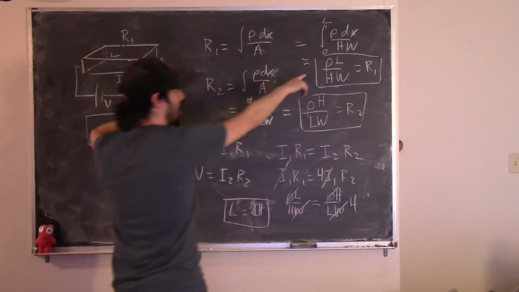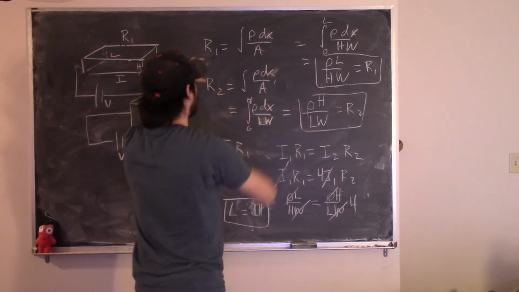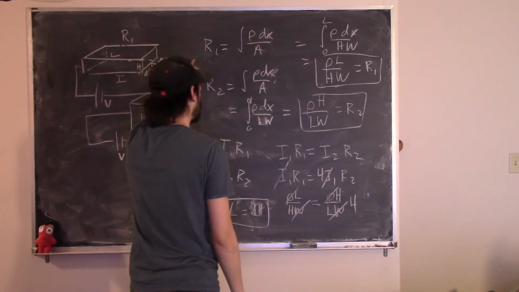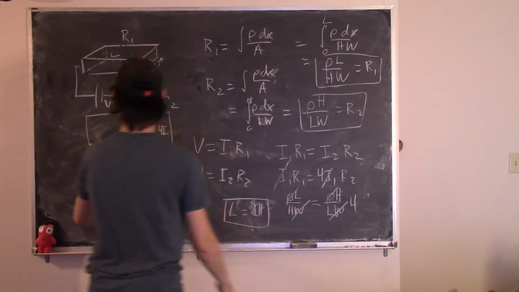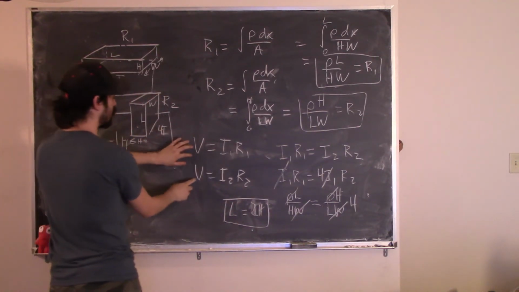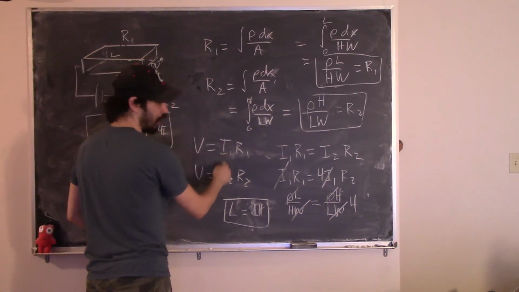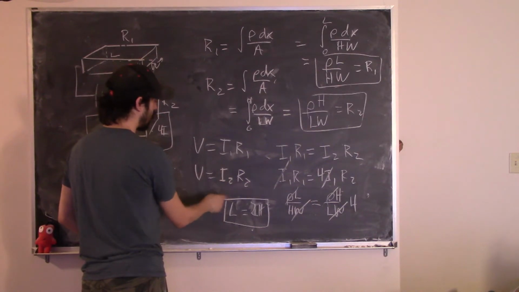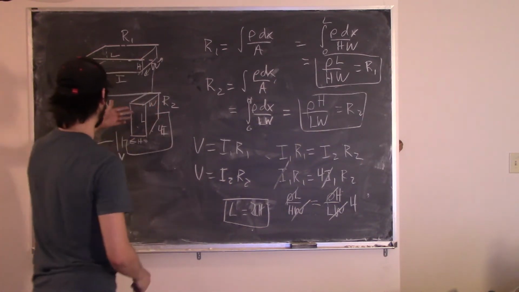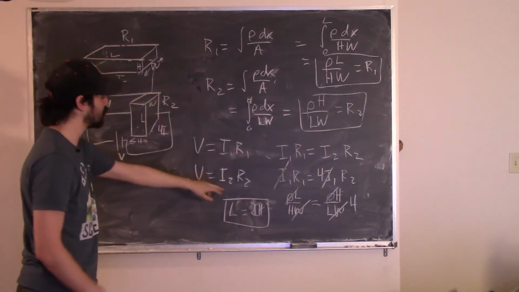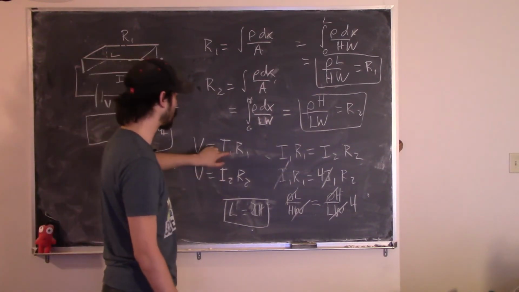And then when we calculate those two resistances, we know that we have the same potential difference across them, the same V. And then the problem tells us that the current through the resistor when it's vertical like this is going to be 4 times the current in this one.